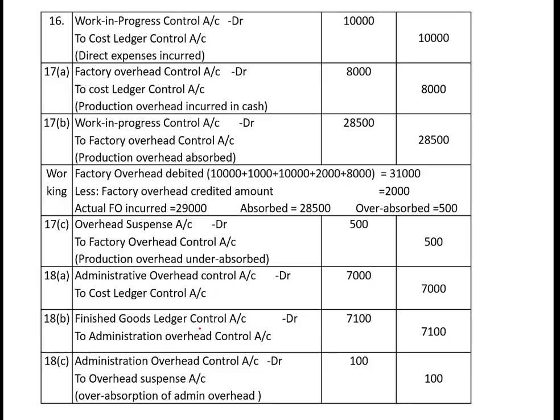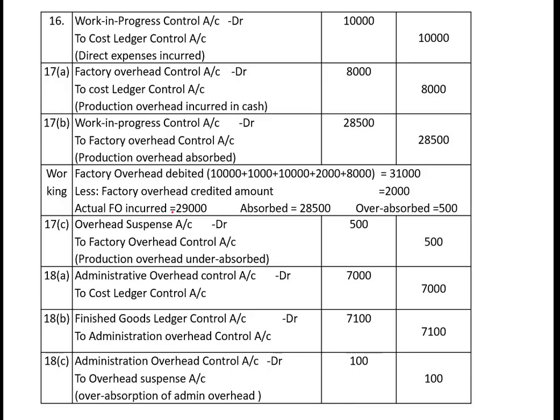Now we have to see that 7,100 has been absorbed. So in this case actual expenses is given, as well as the finished goods ledger control, it is also given to us, that is 7,100. So to finished goods ledger control account debit 7,100, to administration overhead control account 7,100. Before entry number 18 we have not seen any entry that is passed on account of administrative overhead.